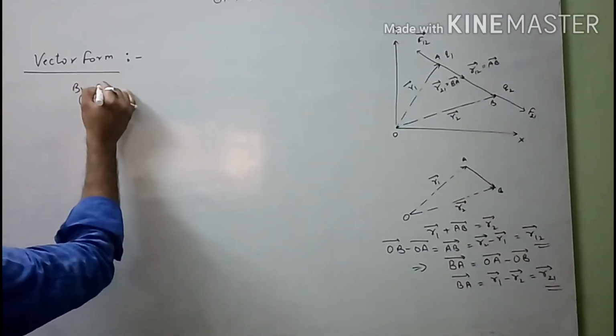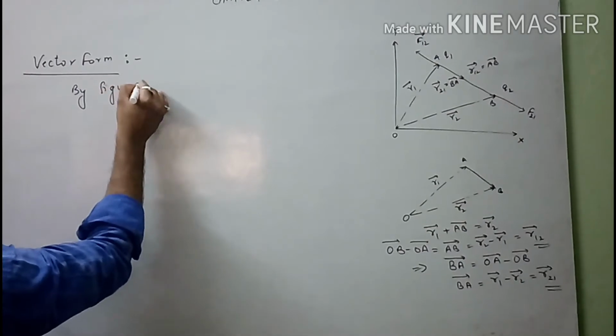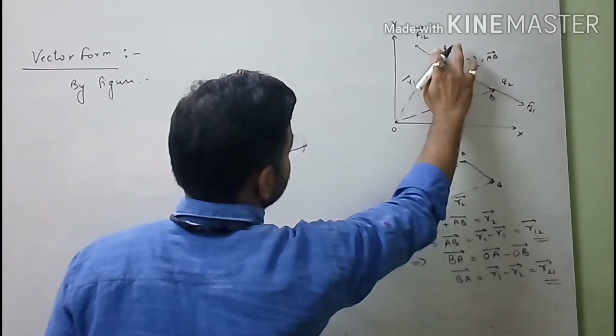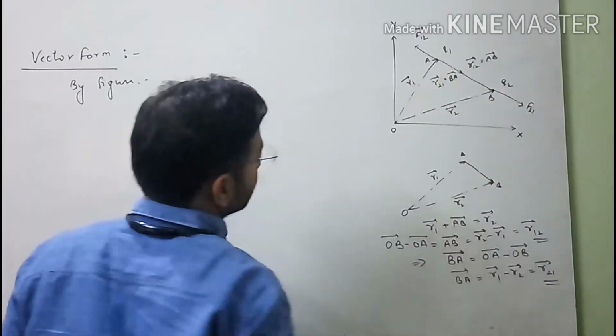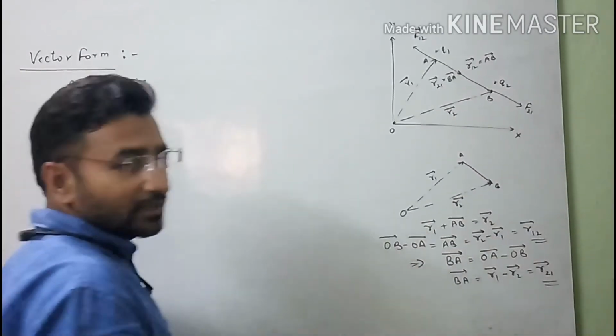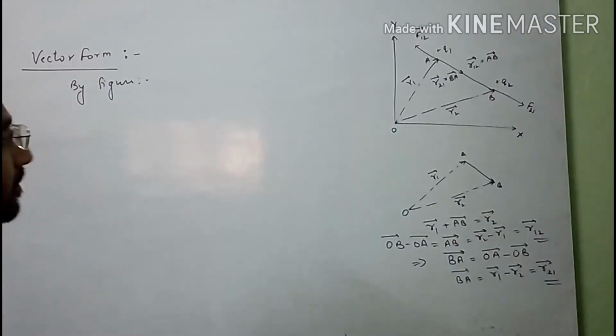Now come to the case of vector form. By diagram or by figure, you will see that Q1 and Q2 both are positive charges and they repel each other, which means that the interaction force between them is repulsion.